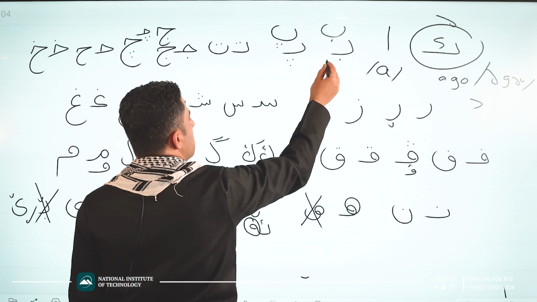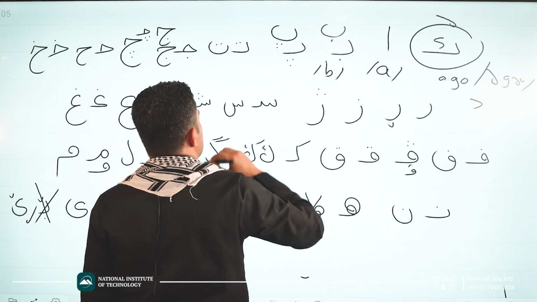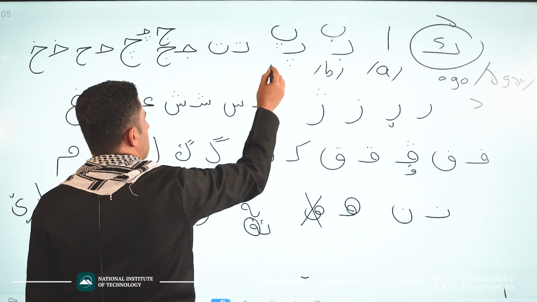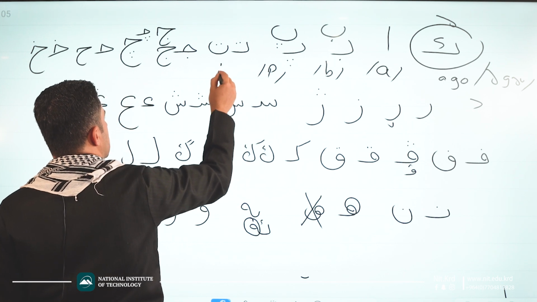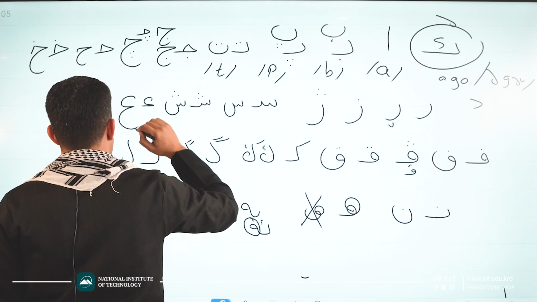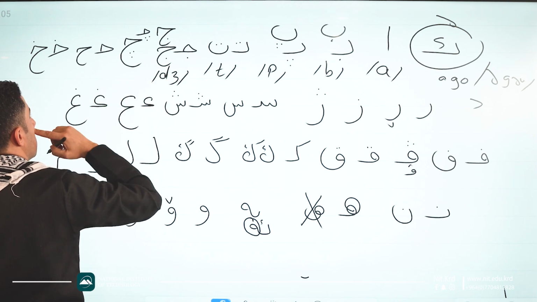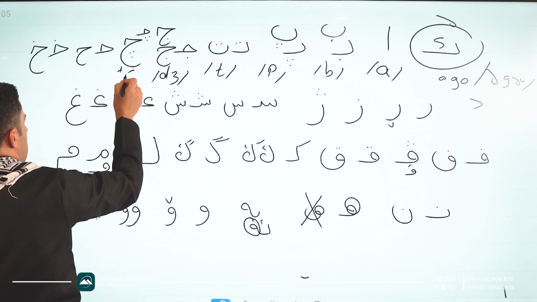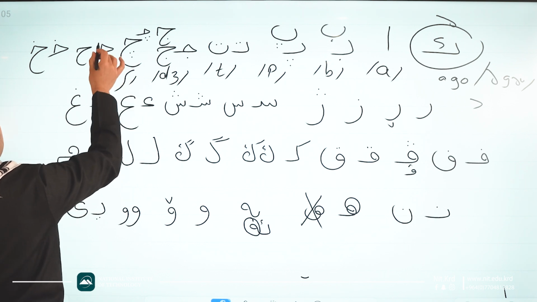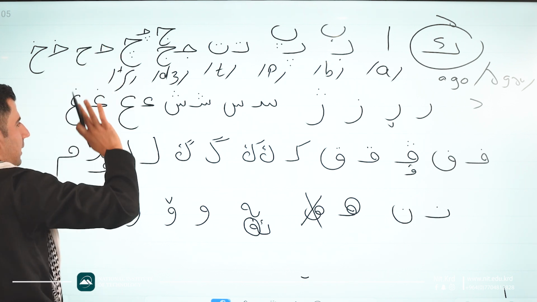Good. This is b, English sound b. This one is p. We have it in English. T, also we have it in English. J is like the sound in "judge". Ch is t with a long s. H, we do not have it.